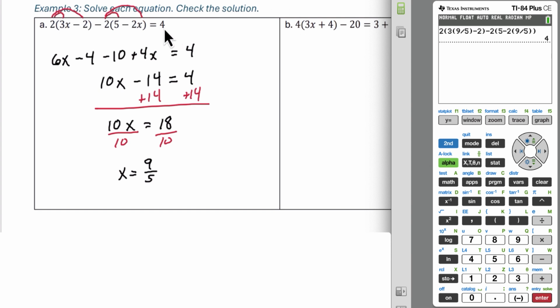It gives us the right side. We know that's a true statement now, which tells us 9/5 is correct.